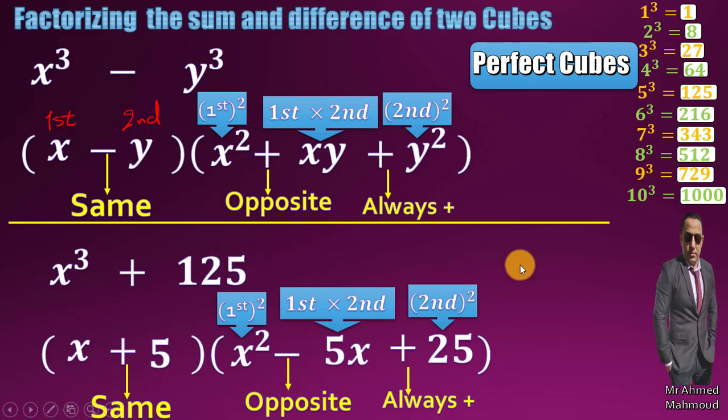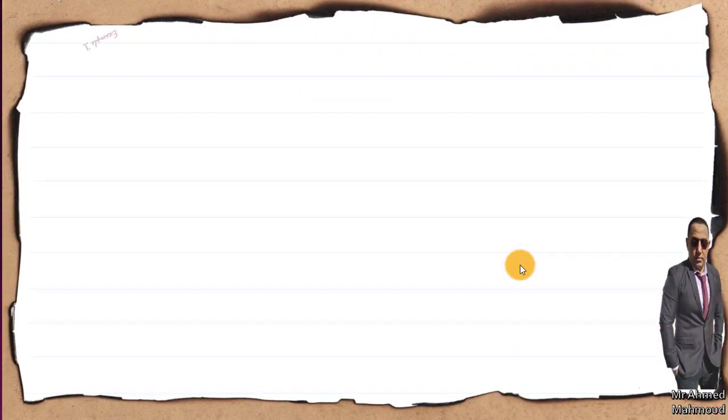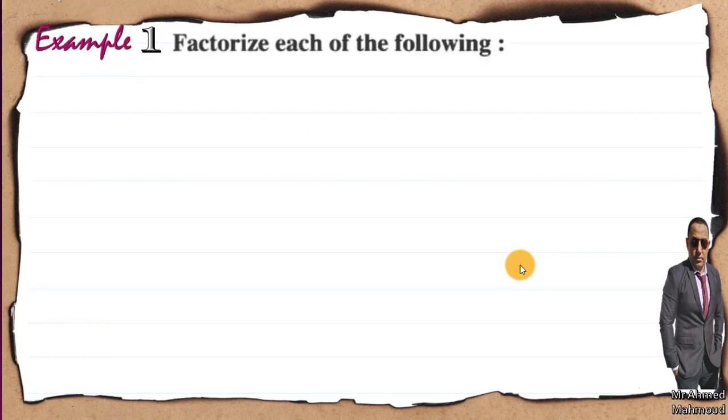Okay, now let's solve the questions about this lesson. Number 1, here he asked me factorize x power 3 plus 8. Okay, there isn't a range in this example or in this factorization, and I haven't here common factor.